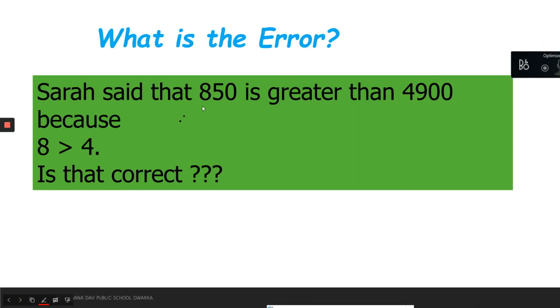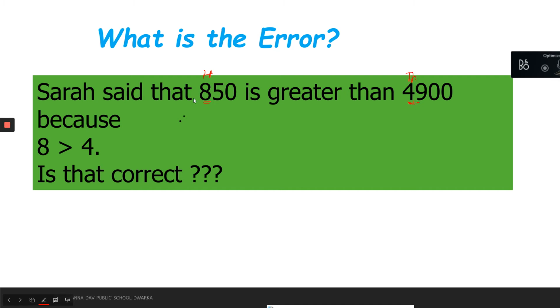Now, Sarah said that 850 is greater than 4900 because 8 is greater than 4. Is it true? Is it correct? Tell me, children. Yes, it is not correct. It is wrong, because we cannot compare 8 and 4. Because 8 is at the hundreds place and 4 is at the thousand place, right?